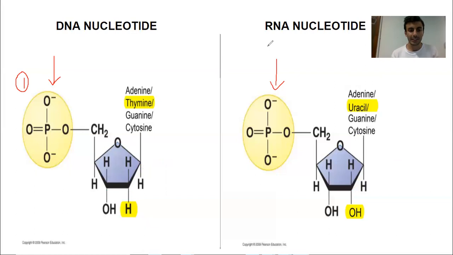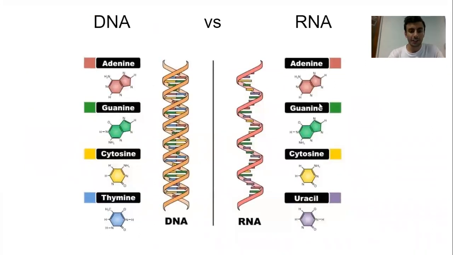Now we're going to look at the full picture of the DNA and the RNA molecules. As we can see in front of us, we have DNA and RNA strands. As we discussed earlier, the DNA is a double-stranded molecule, whereas the RNA is simply a single-stranded molecule.